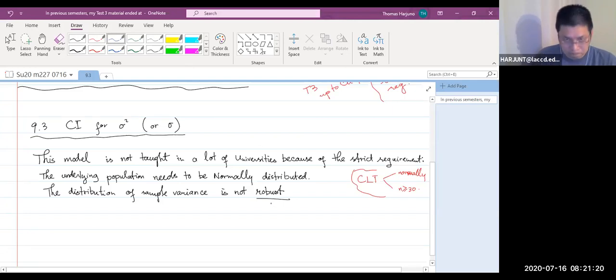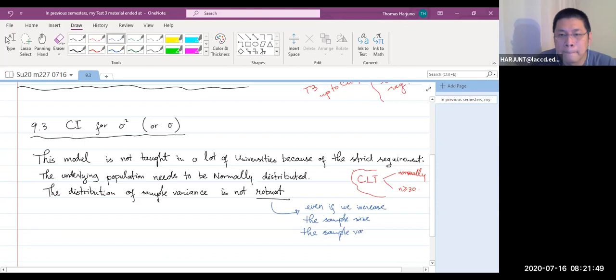It's not robust in this sense: even if we increase the sample size, the sample variance may move even further from the actual population variance.